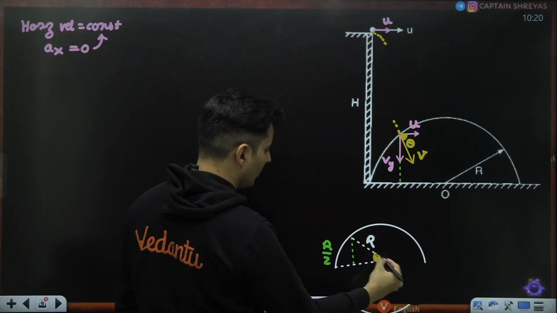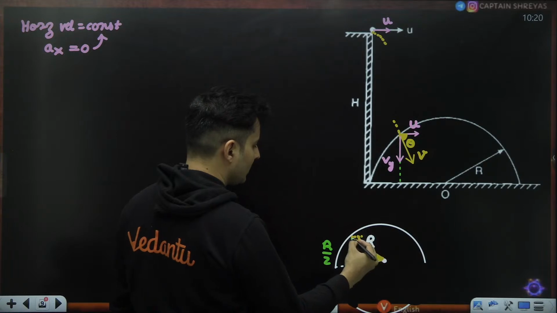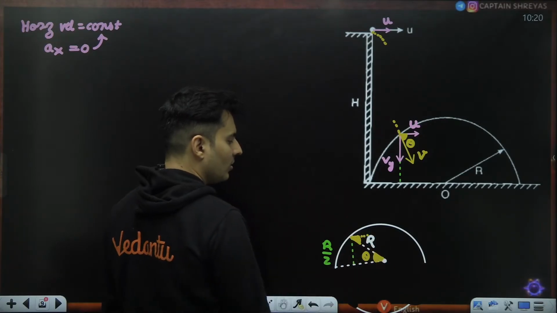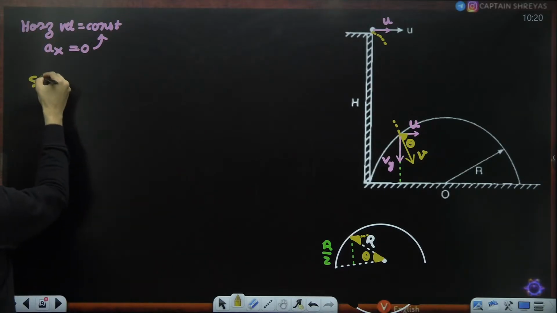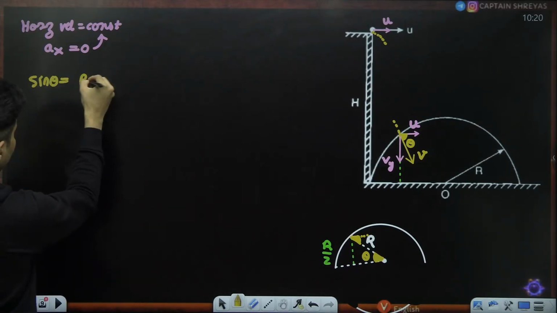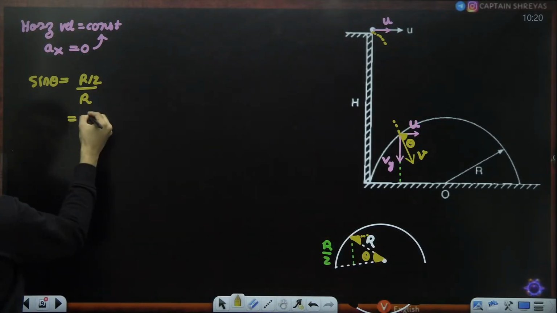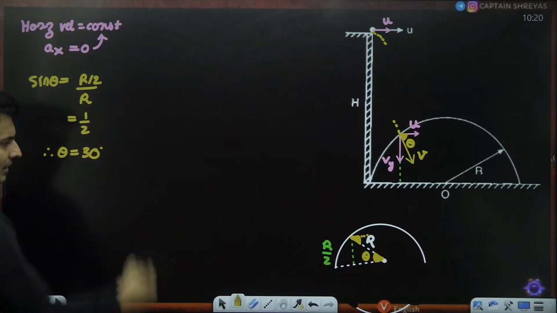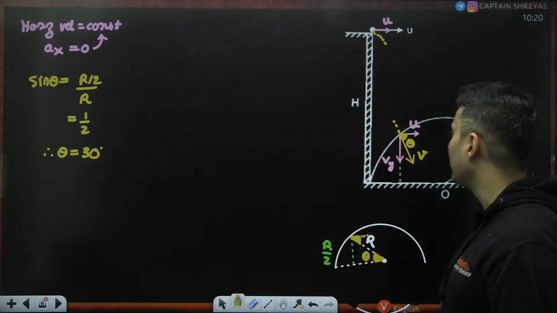Because of alternate angles, this will also be theta. So from this, I can clearly see that sine of theta, which is opposite side by hypotenuse, which is basically r, will be half. Therefore, the value of theta will be 30 degrees. Great. I found out the value of theta, the angle at which it strikes.